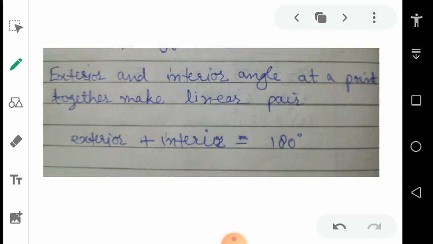Now exterior and interior angle at a point together make a linear pair. As you know the linear pair, I tell you again, if two adjacent angles make up to 180 degree, it is called a linear pair.